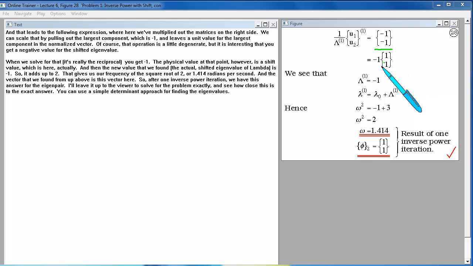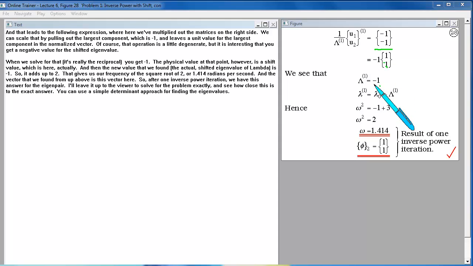We can scale that by pulling out the largest component, which is -1, and leaves a unit value for the largest component in the normalized vector. Of course, that operation is a little degenerate, but it is interesting that you get a negative value for the shifted eigenvalue. When we solve for that, it's really the reciprocal, you get -1.